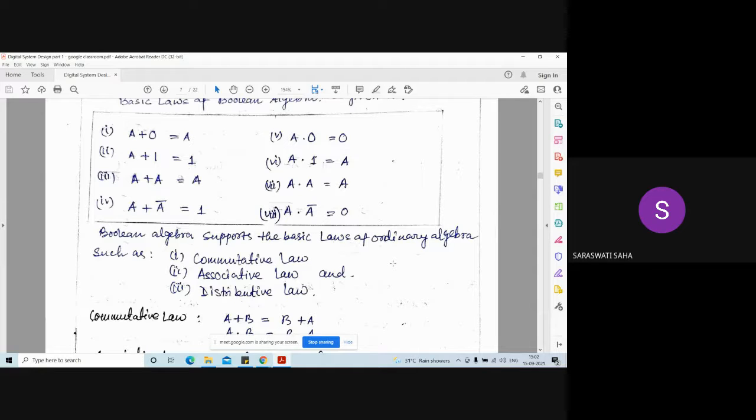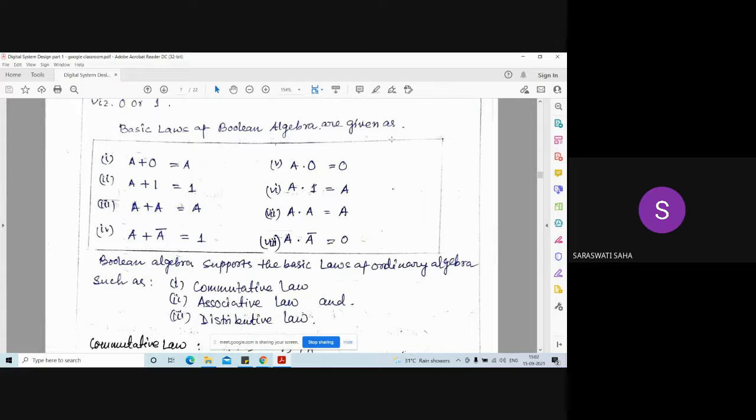Check. If you just replace 0 with 1, then you will get this. In OR operation it is 0. If we replace it with 1, we will get the same result. Here, if we replace this 1 with 0, what will be the result? A dot 0 give us 0. Here A plus A is A, same. A plus A bar is 1, here only 0.